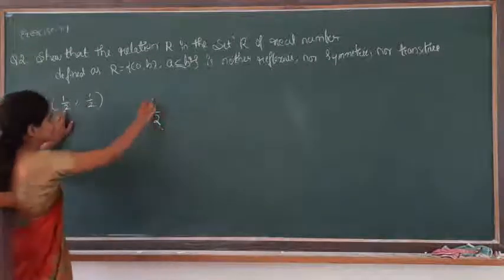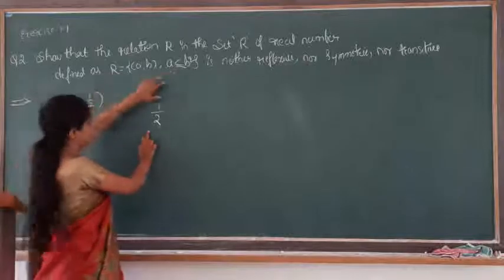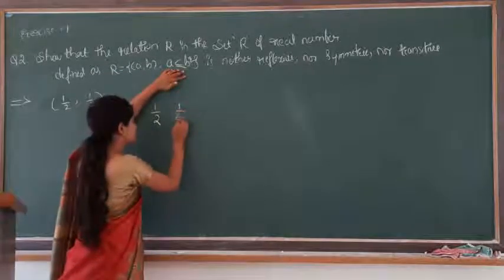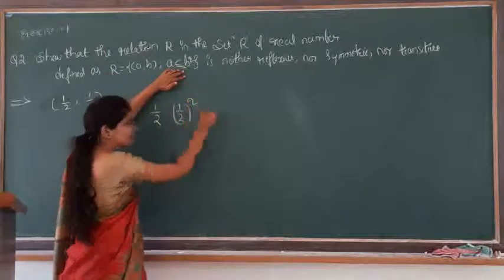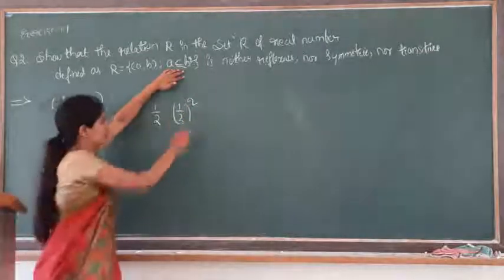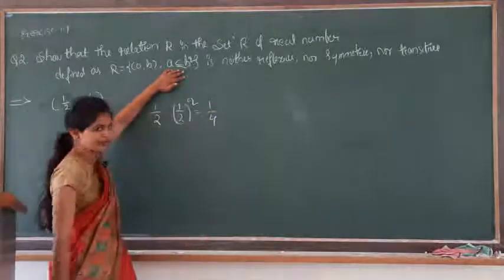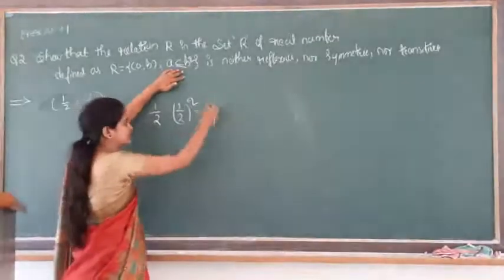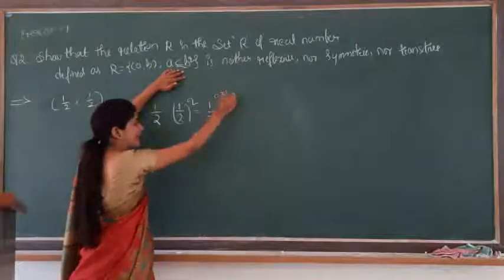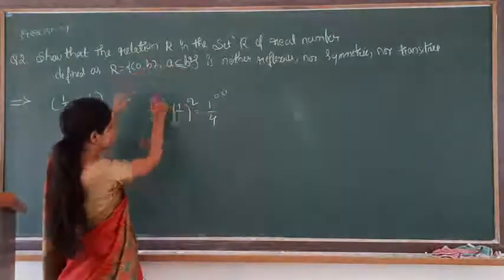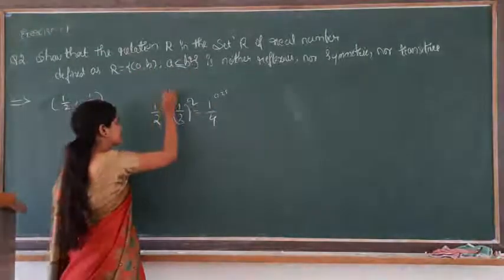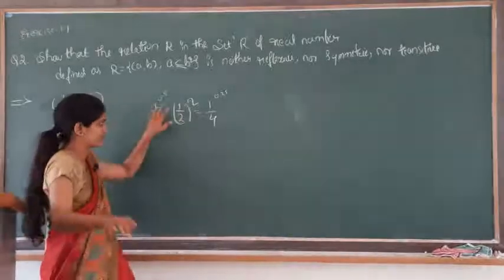The first element is 1/2, and according to the given relation we look at 1/2 whole square. 1/2 whole square is 1/4, right? 1/4 is 0.25 and 1/2 is 0.5 in decimal form.